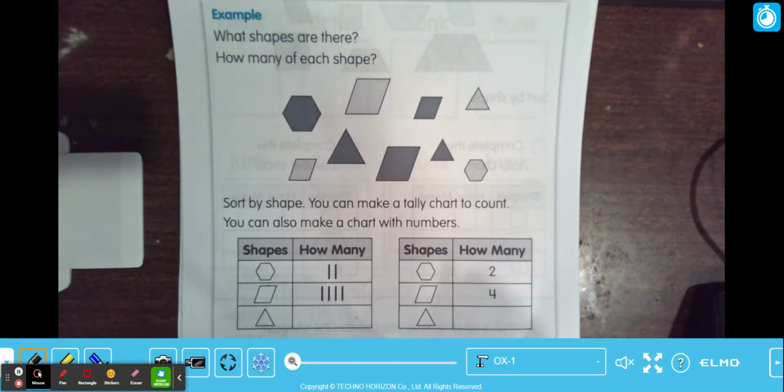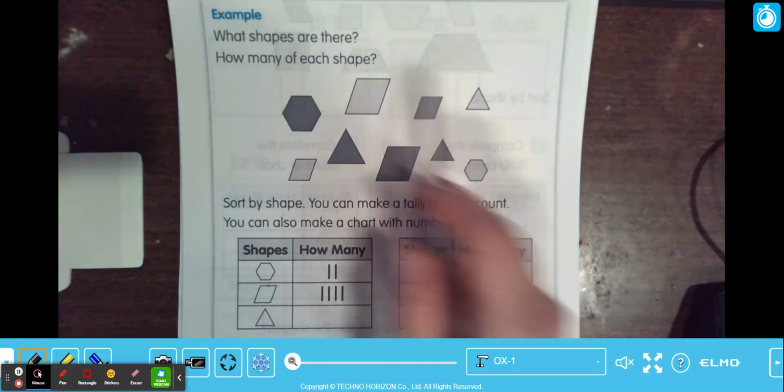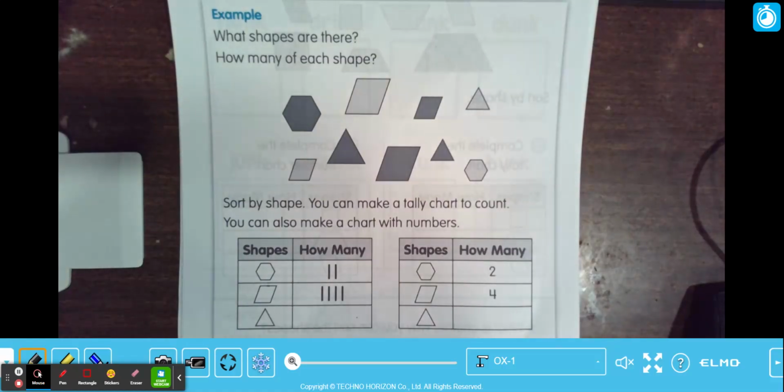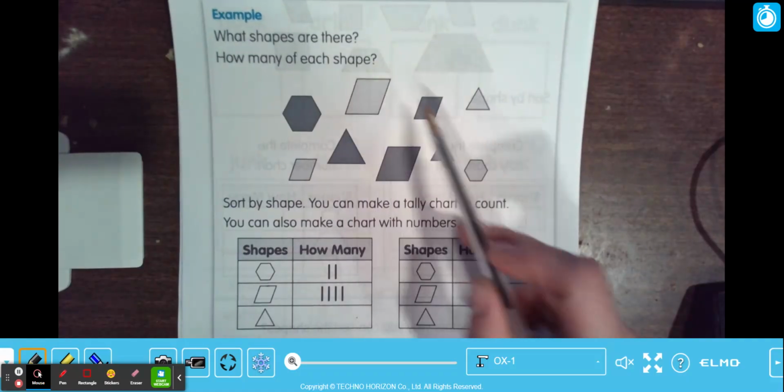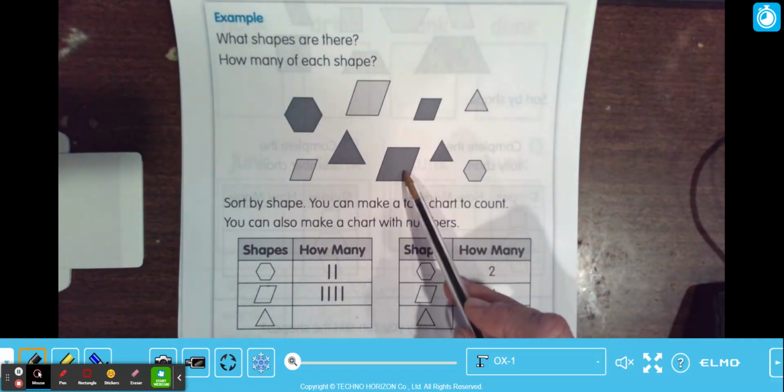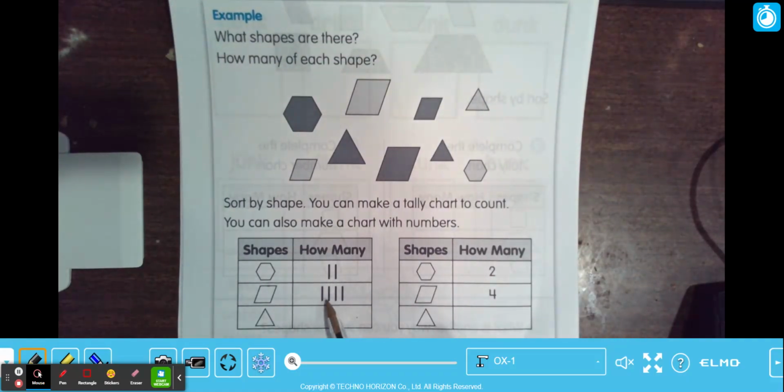They're 2 hexagons. This right here is called a rhombus. How many rhombuses do you see here? Well, you see 1, 2, 3, 4 rhombuses. So that's why there's 4 lines here. 1, 2, 3, 4.